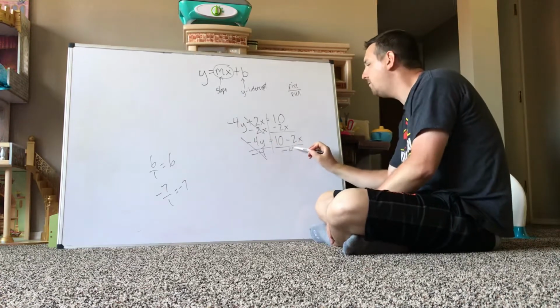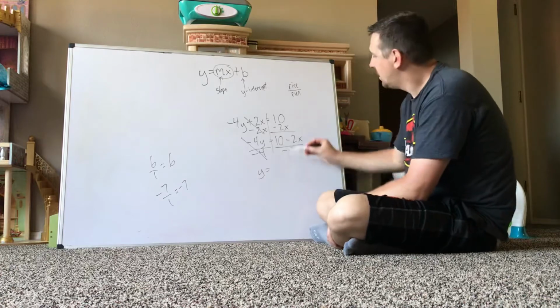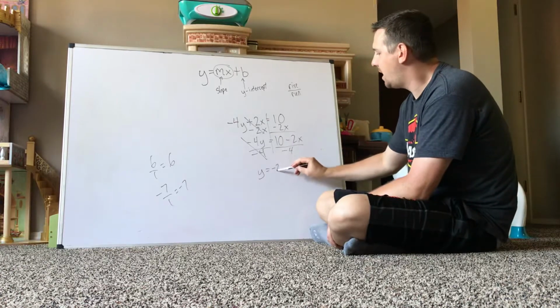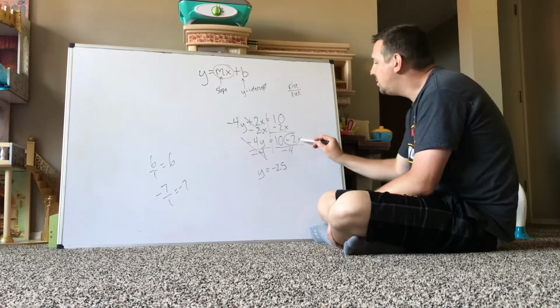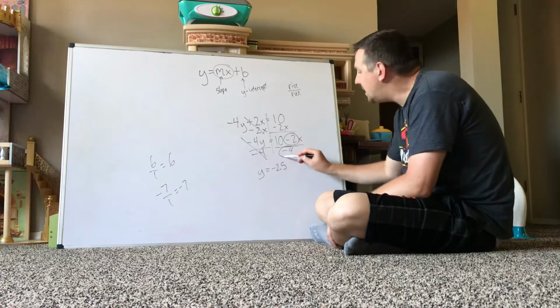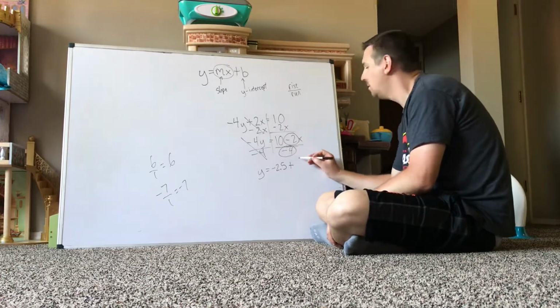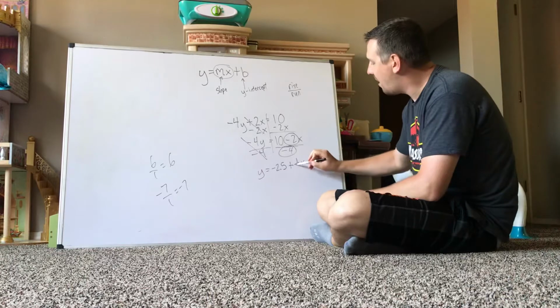This is where people will get messed up. 10 divided by negative 4, that's negative 2.5. Negative 2 divided by negative 4 actually is a positive 2/4. Or you could simplify that, 2/4 is a half.